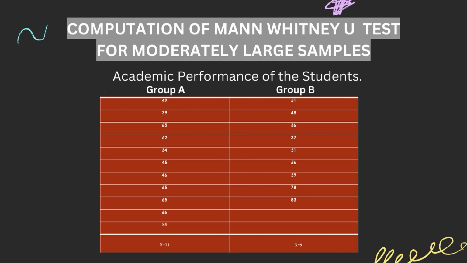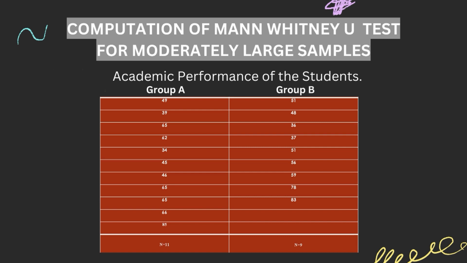So, this is the data we have about two groups. The first group, group A, consisted of 11 students taught using the lecture method, and the second group, group B, consisted of 9 students taught using the group discussion method.